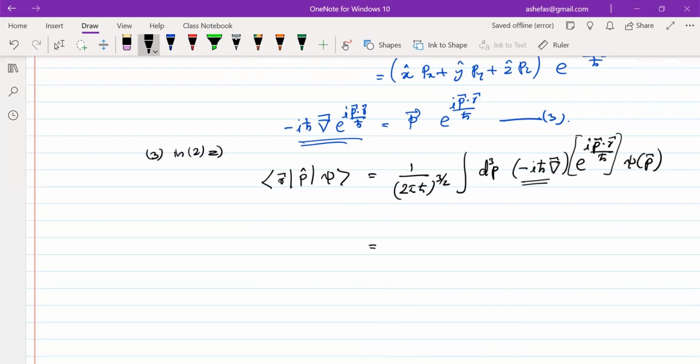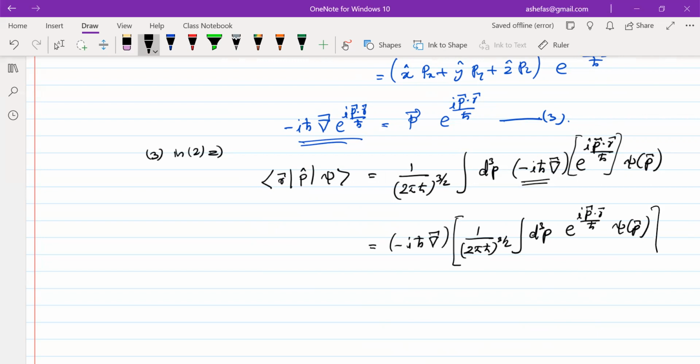So there is no problem for taking this minus iℏ del outside the integral. So this becomes minus iℏ del (1 by 2πℏ) all raised to 3 by 2 integral d³p e raised to i P dot r upon ℏ ψ of p. Now what is this quantity actually? This quantity is nothing but ψ of r.